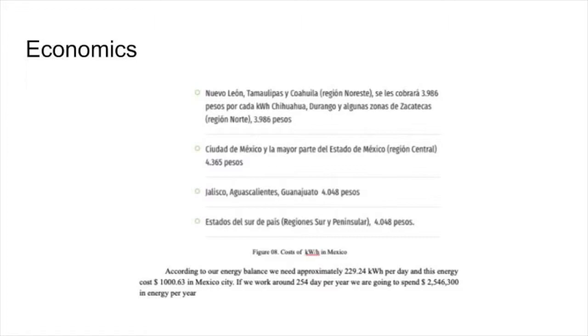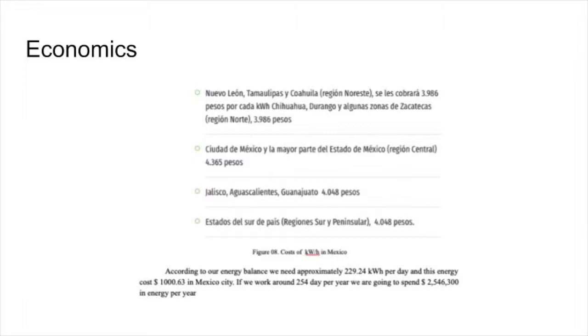And we calculated the energy as if our plant were in Mexico City, and we obtained that price, as you can see in the presentation, which will be a cost of approximately 100 per day, and we work approximately 254 days in a year.